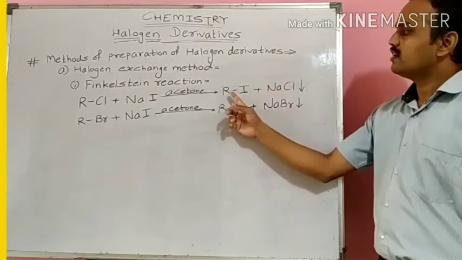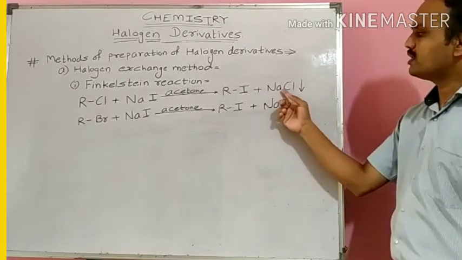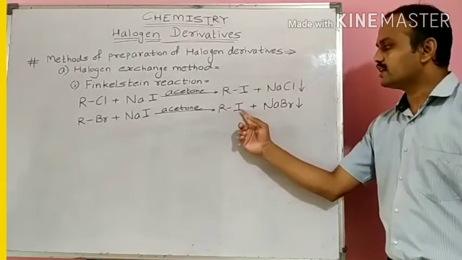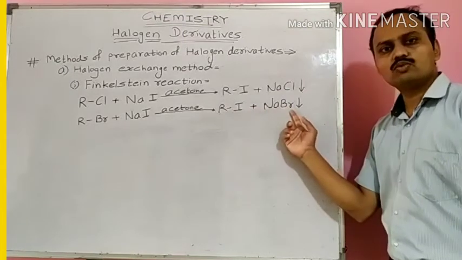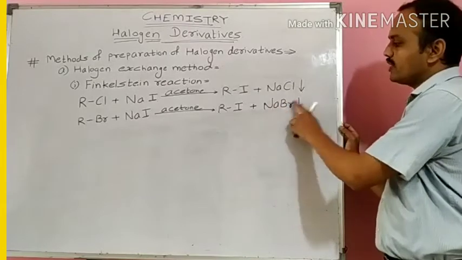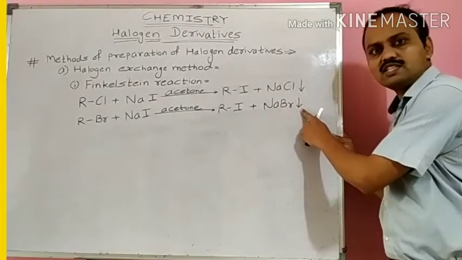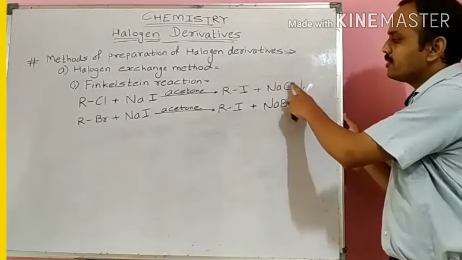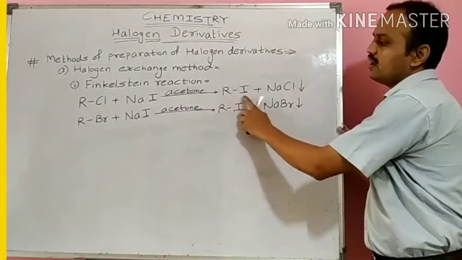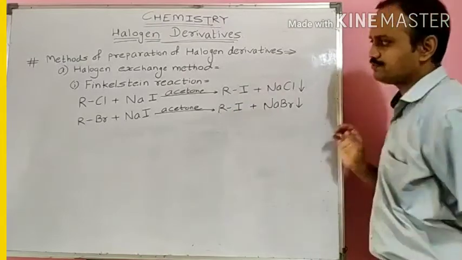We get alkyl iodides plus NaCl, that is sodium chloride, or alkyl iodides plus sodium bromide. In this reaction, sodium chloride and sodium bromide we get in the form of precipitate. We can separate them by the filtration method, and our main product alkyl iodide is also obtained.